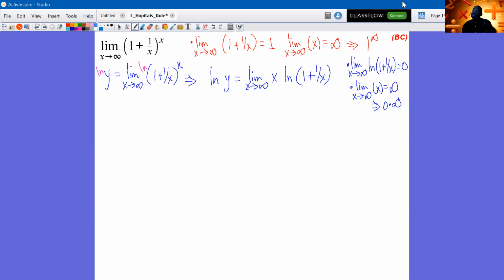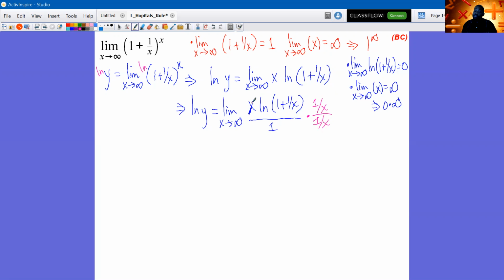Okay, so now remember, if we get this, then we have to manipulate this to where it will be a fraction. So what I'm going to do is, on the right side of the equation, put this over 1, but then multiply by 1 over x over 1 over x.